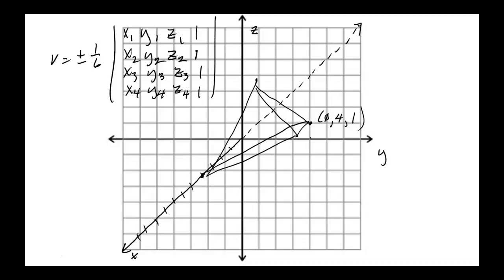What's the volume of that tetrahedron? That would be plus or minus 1/6 the determinant of, why didn't I write in the points? The first one was 0, 4, 1. The second one was 4, 0, 0. Then 3, 5, 2, and 2, 2, 5.